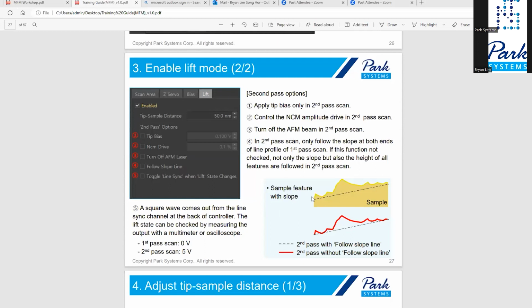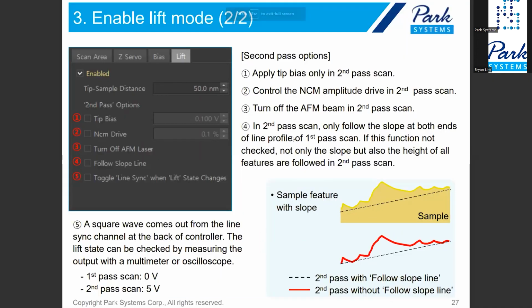So this is what is meant by slope. If you turn on follow the slope line, you will just follow the slope, the black one. So you may hit some of the features, but if you do not click on follow slope, then you will just follow the features as well.